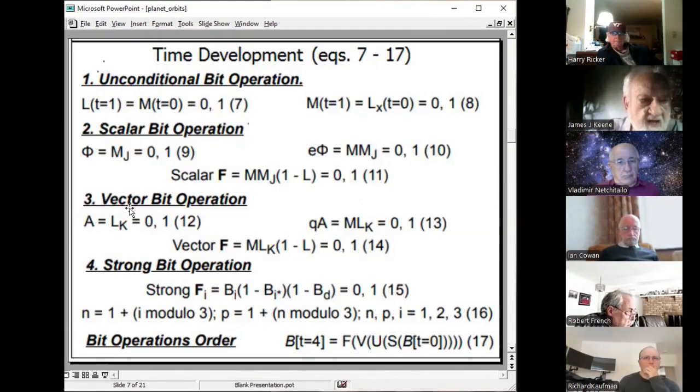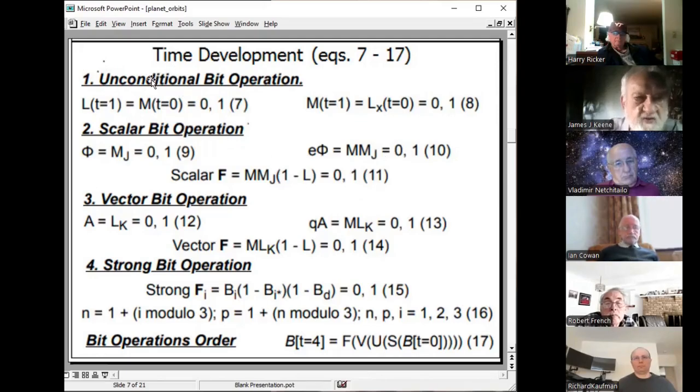The scalar and the vector bit operations, number 2 and 3 here, don't apply to what we're going to talk about today. That has to do with electromagnetics. Of course, the electric is the scalar, and the magnetic or the vector, A, is your vector bit operation, which brings in magnetism. But since we're only dealing with 1 bit circling, these operations don't apply.